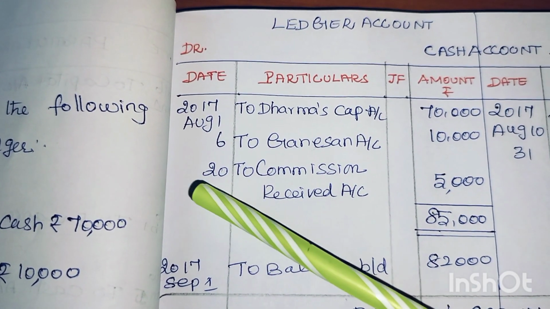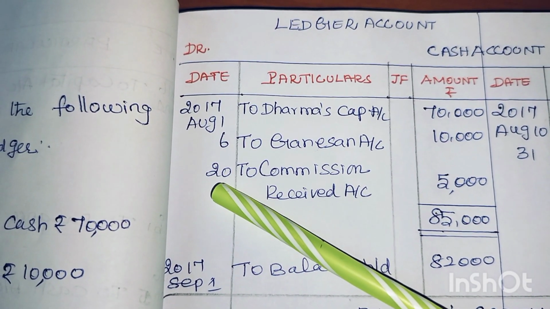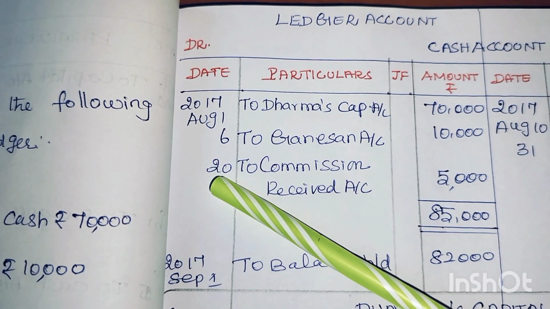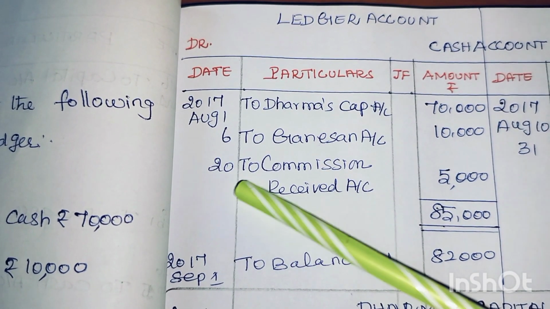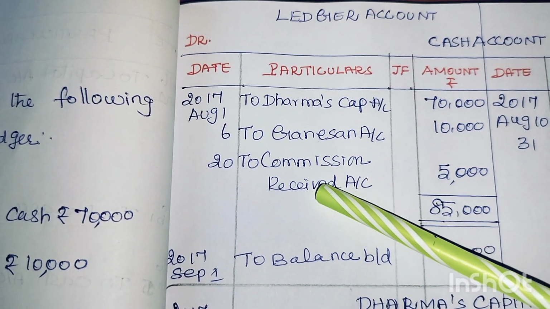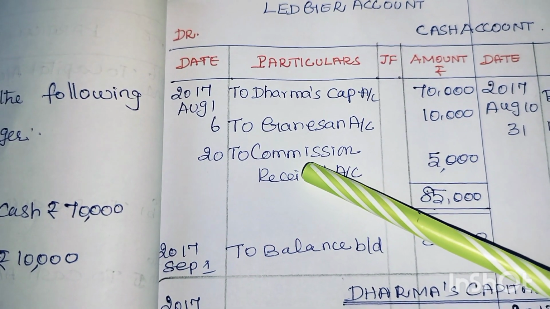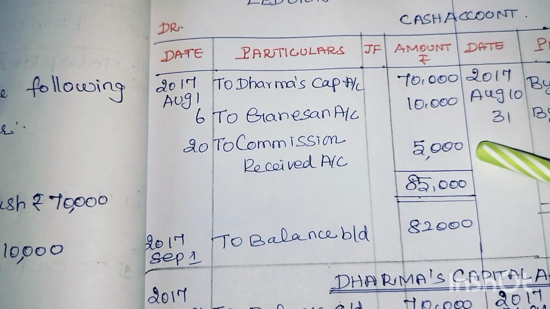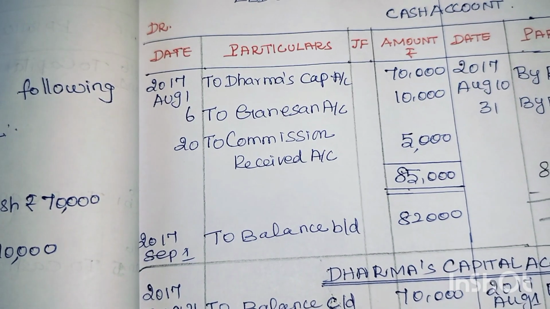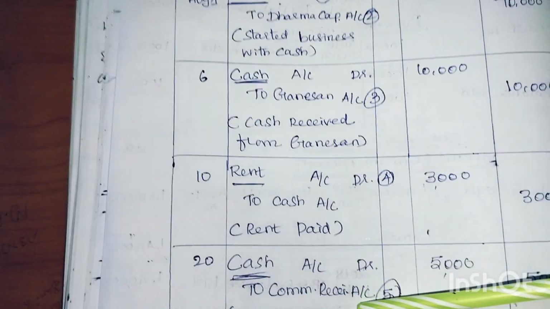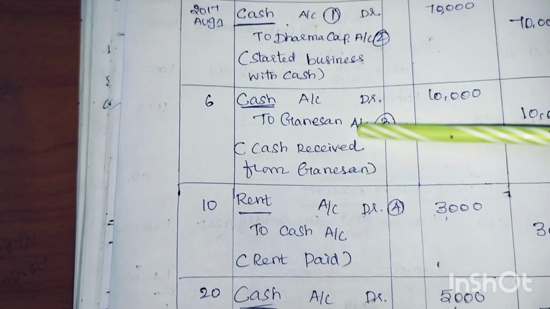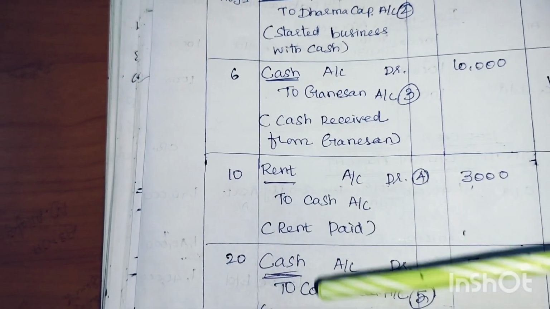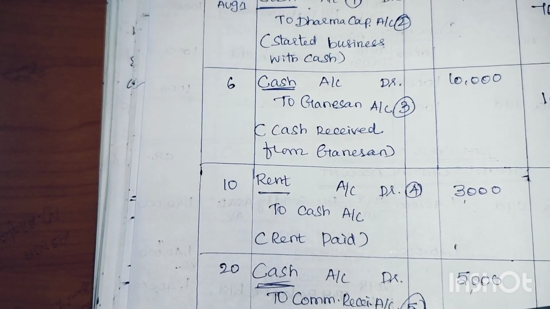We go to debit side on ledger account. Okay, we write here date 20. What is the opposite account? Commission received is the opposite account from the cash account. So how much rupees? 5,000 rupees.